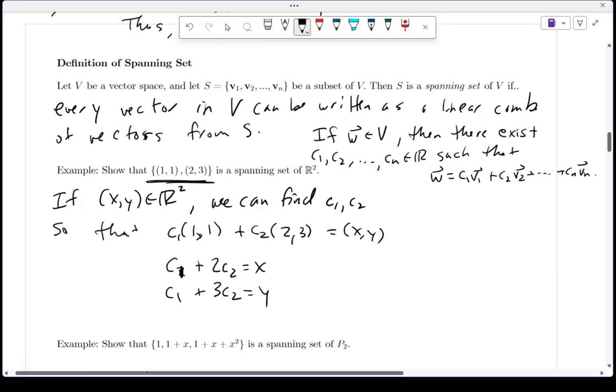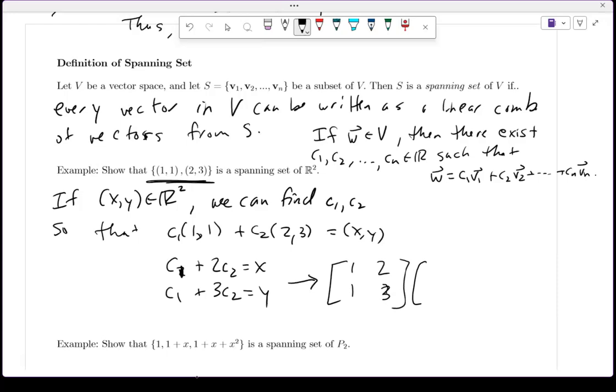If you wrote this as a matrix equation, what would the matrix equation look like? The matrix [1, 2; 1, 3] times, yeah, we're solving for the C1 and the C2, and then it equals (x, y).